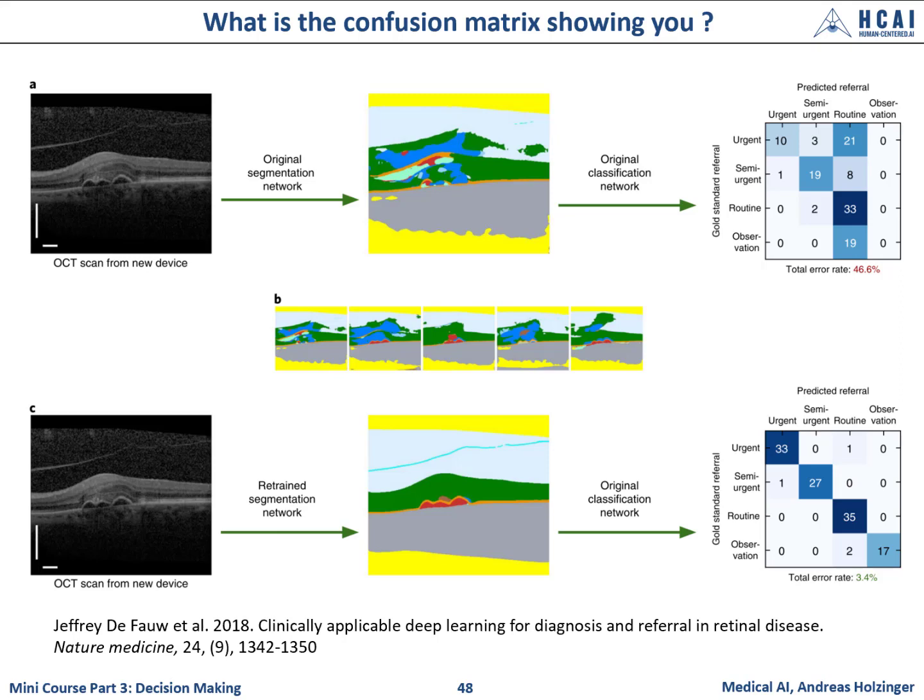And of course the prevalence, so how often does the yes condition actually occur in our sample. You see, so you can quantitatively judge the quality of your algorithm, of your medical AI or machine learning algorithm.